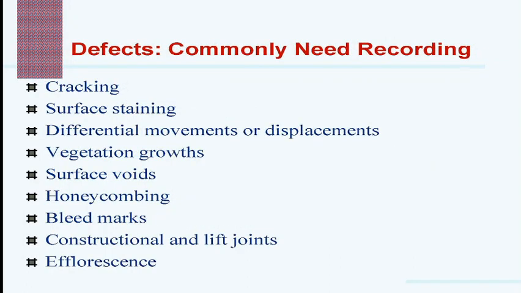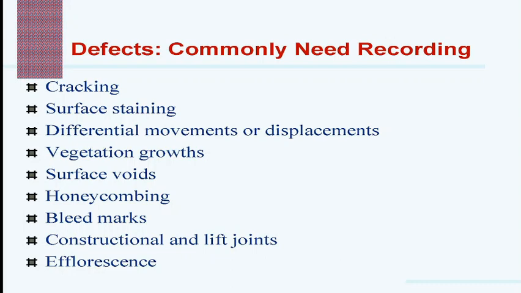Now, the defects that commonly need recording include cracking, which can vary widely in nature and style depending on which mechanism is at work and what the reason is for the cracks to form.